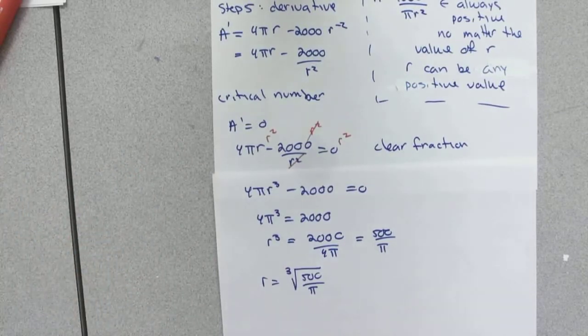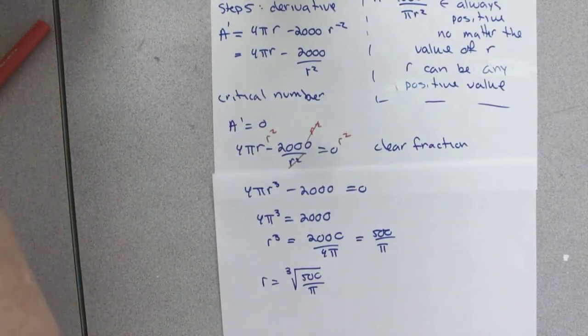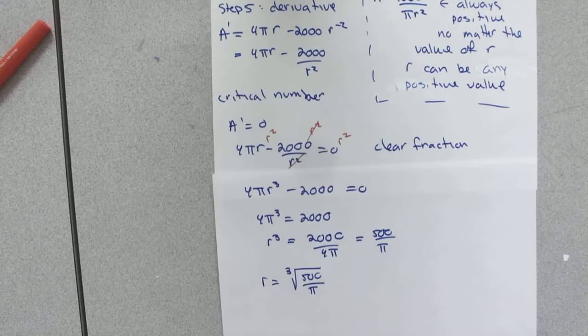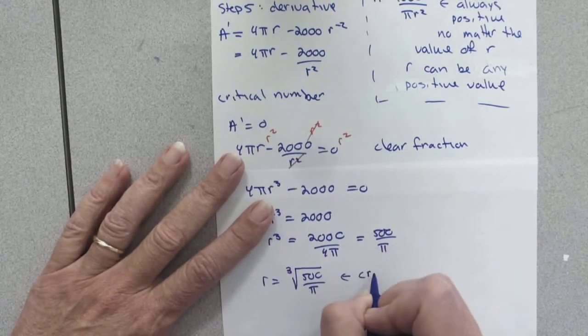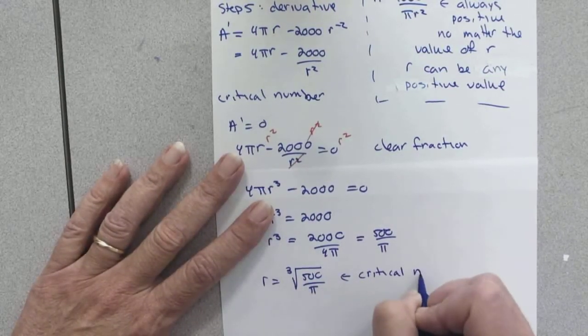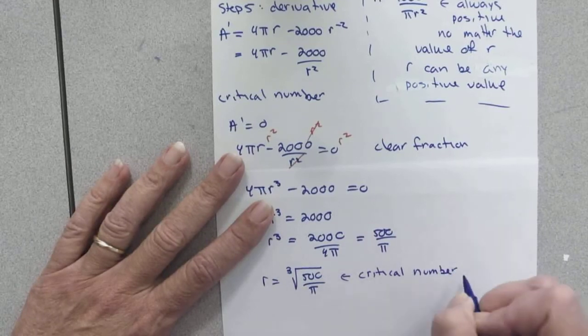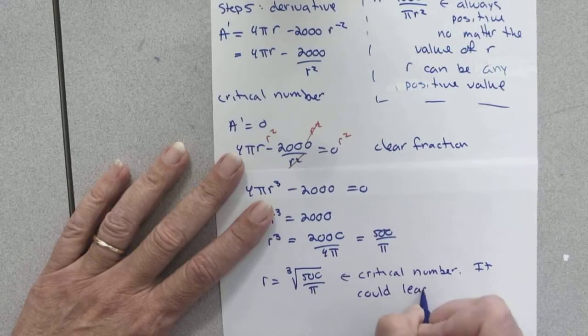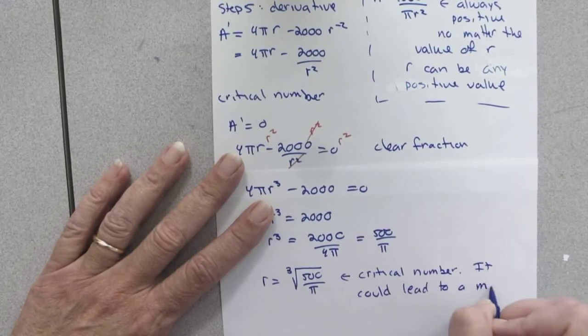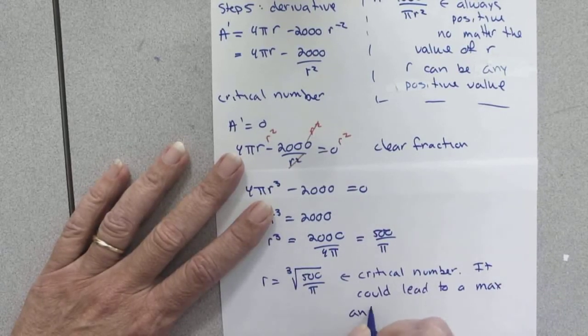I do not need a plus or minus for odd roots when I take the odd root of both sides. It's even roots of both sides that I need a plus or minus. And so there's where we think the answer is. But again, that's a critical number. It could lead to a max, a min, or nothing.